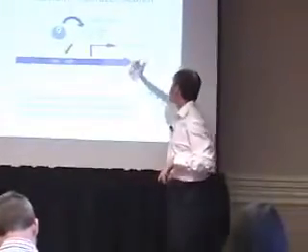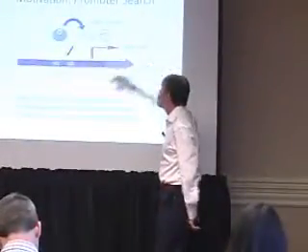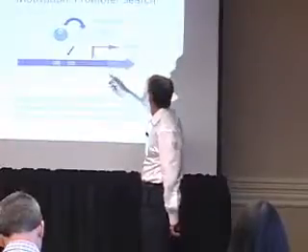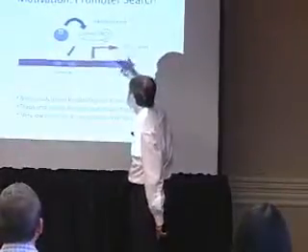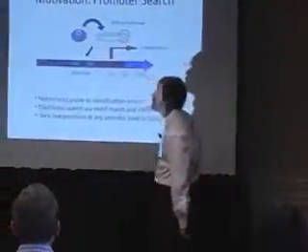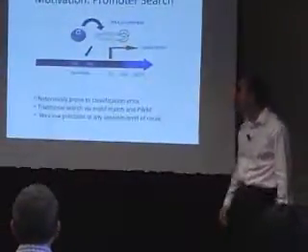You have a gene which is being transcribed this way. We have a transcription start site, a gene start site. And the basic idea is that the expression of this gene is regulated by the action of an enzyme called an RNA polymerase.